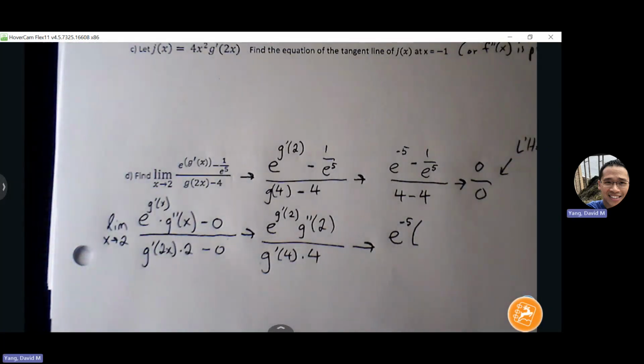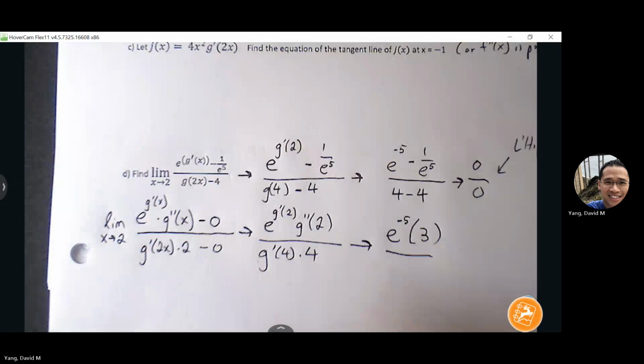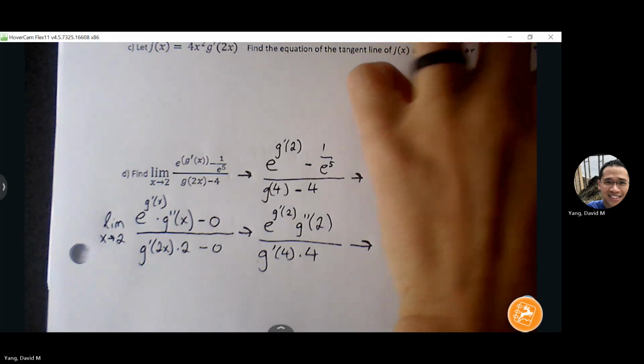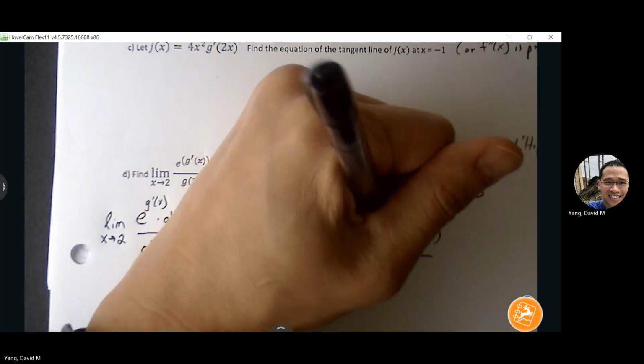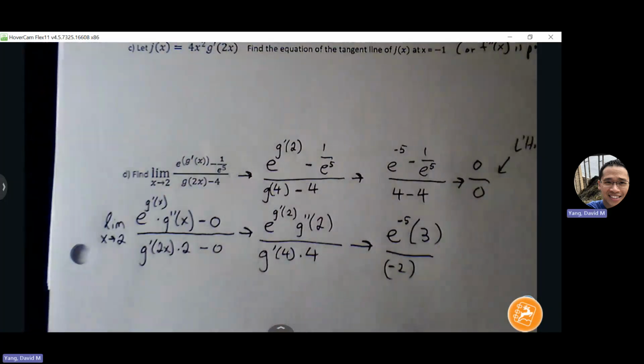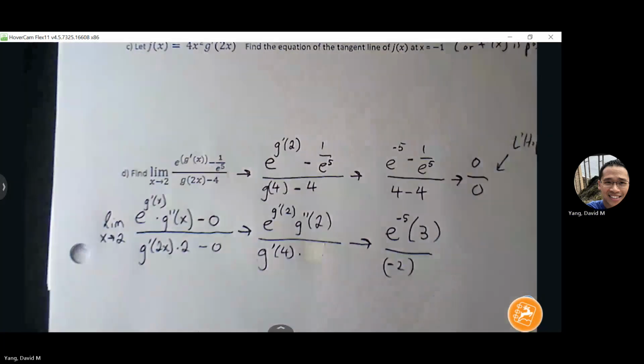G double prime of 2, look at the table. 3. G prime of 4 times 2, not times 4, sorry. Copied it wrong.